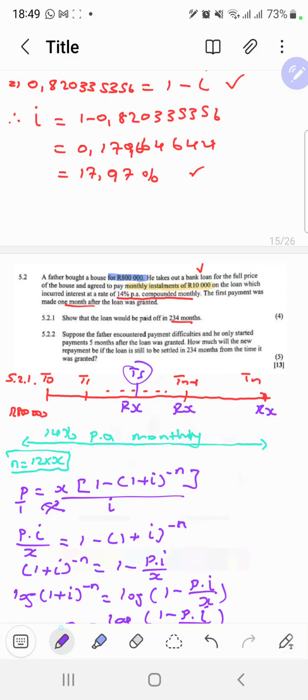You see, the good thing about timelines is it makes life so easy. If we're starting at T5, how many months have we not paid? So this moves from T1 to T4. And that means we've been accumulating interest on this loan the whole time, because remember, usually when you're given a loan, you pay by the end of the next month, or the beginning of the next month, sorry.